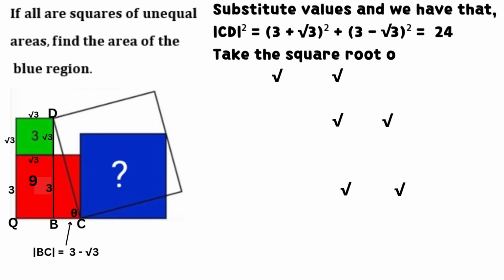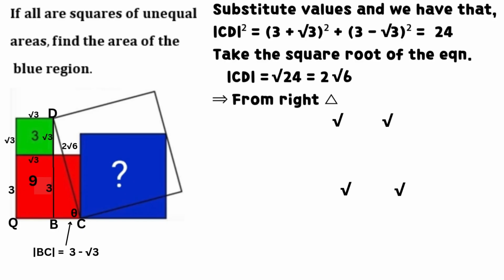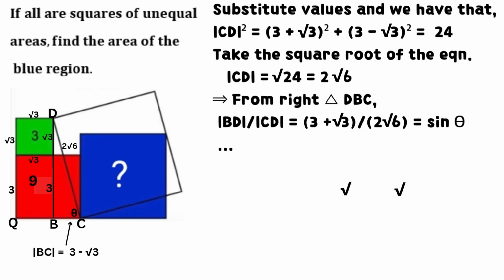After substitution and simplification of values, take the square root of the equation. It follows that line CD equals the square root of 24, which equals 2 times the square root of 6.